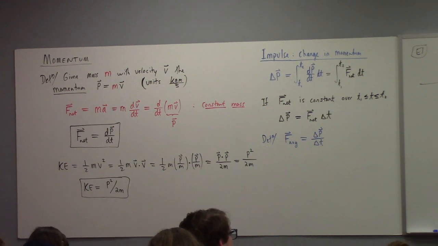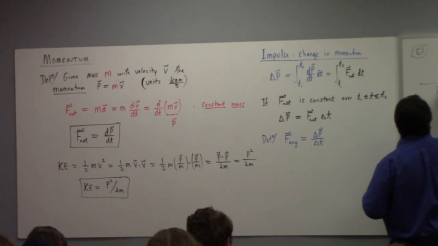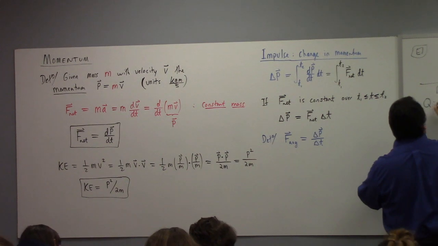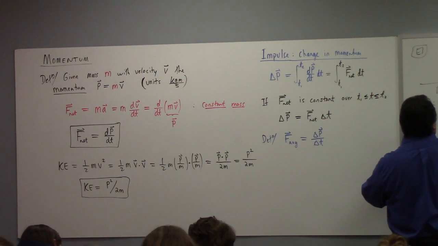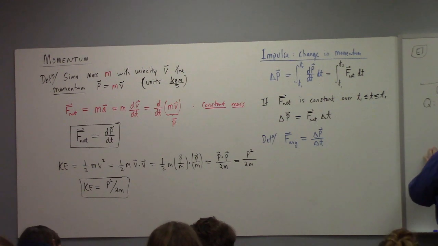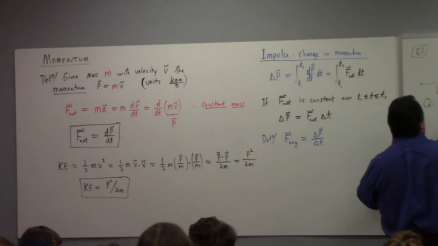And the mass of the cat is 5 kilograms. 5 kilogram evil cat. So the question then is, what's the average force of the wall on the cat? Find the average force of wall on cat.